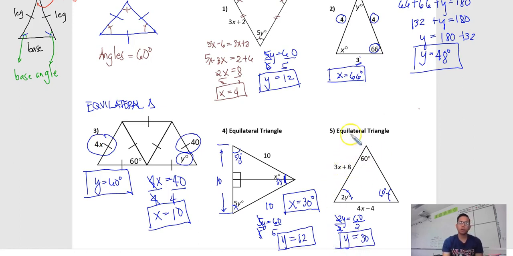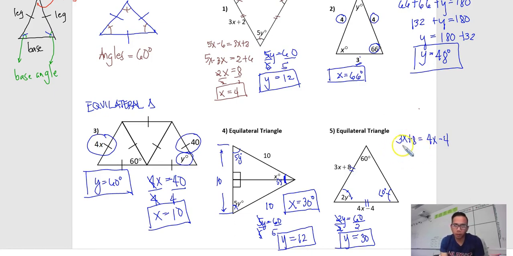Now, because it's an equilateral triangle, this side here is congruent to this side. Thus, we have to set that up as, they are equal. So, 3x plus 8 is equal to 4x minus 4. So, transpose that.